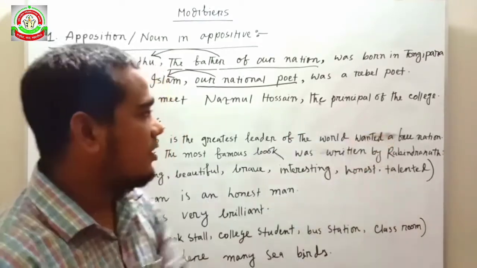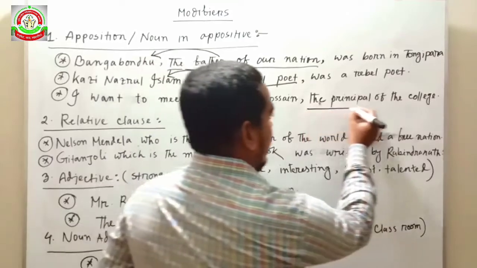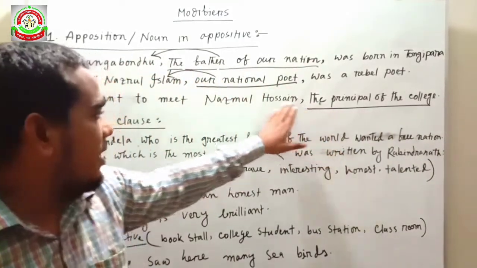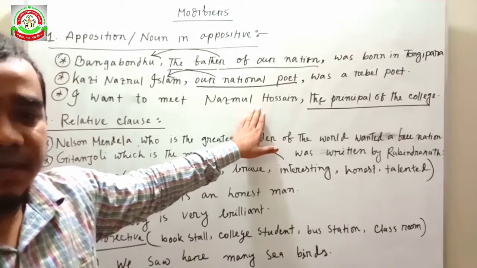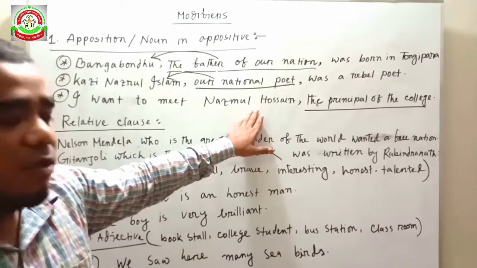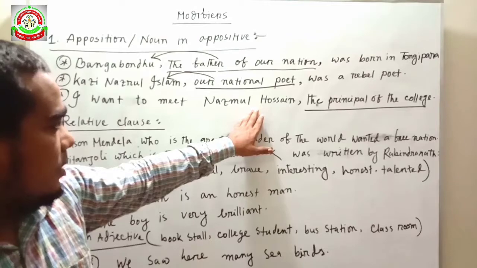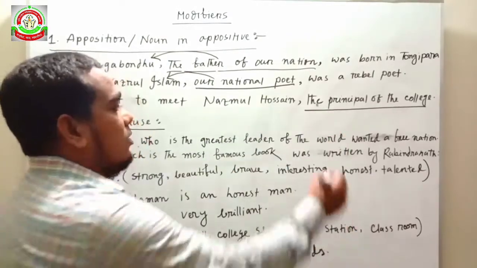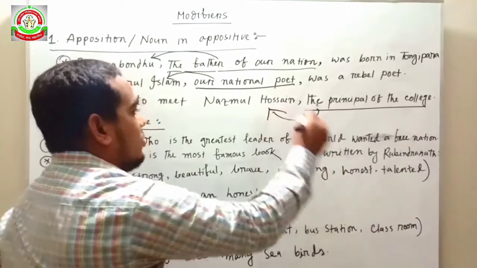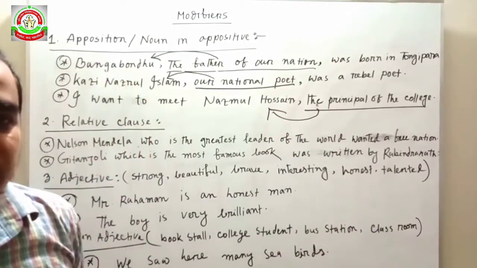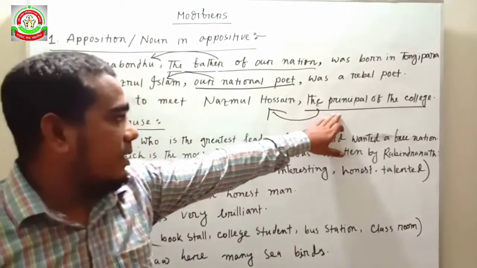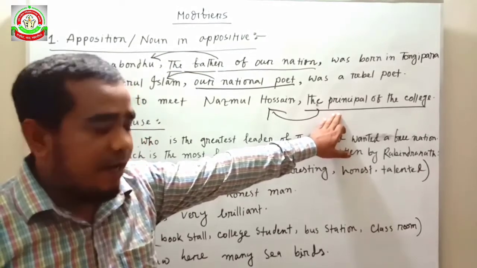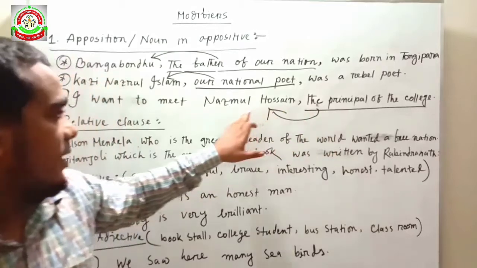Here the apposition, the principal of the college, is the extra information about Nazmul Hussain, for his identification. This phrase is used to post-modify Nazmul Hussain, and it is a noun phrase.